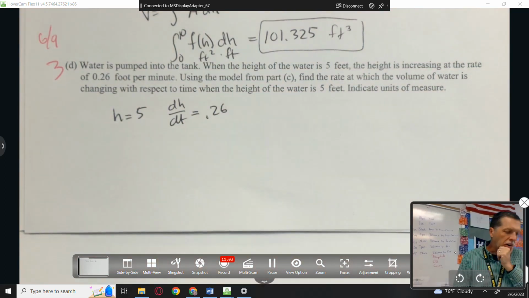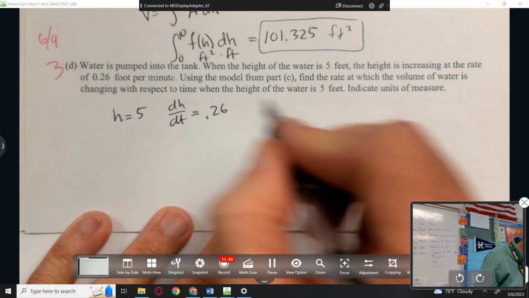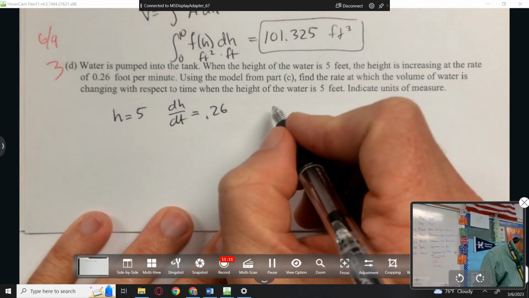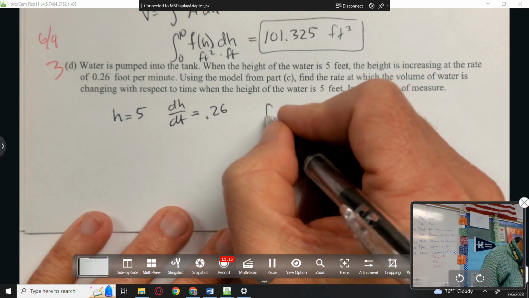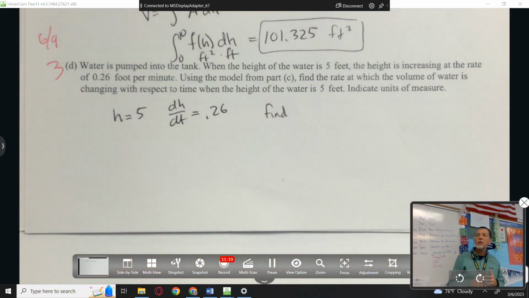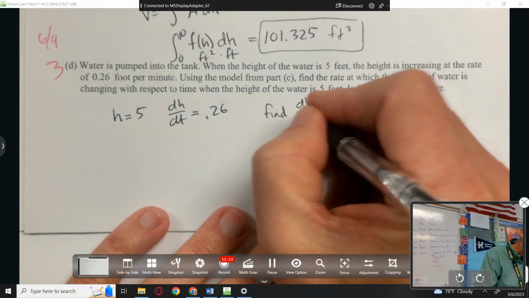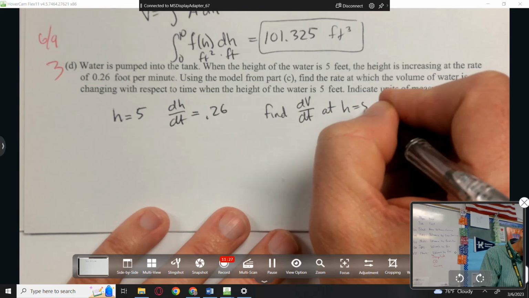Using the model from part C, find the rate at which the volume of water is changing with respect to time when the water is at 5 feet high. So what is it asking me to find in terms of dV/dt? Yeah, dV/dt, which we've done before, I just can't remember how. At h equals 5.